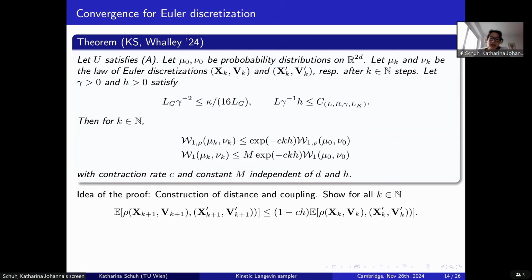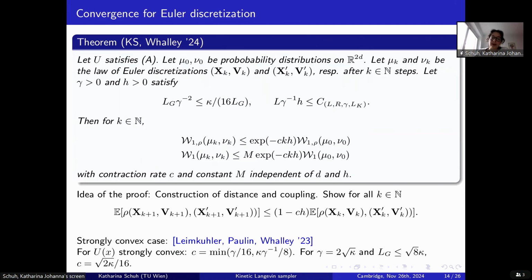And as I said, this is shown by constructing this distance and the coupling, and showing that in each step we have contraction. Let me also mention that for the strongly convex case, this was already done by Leimkuhler, Paulin, and Whalley.